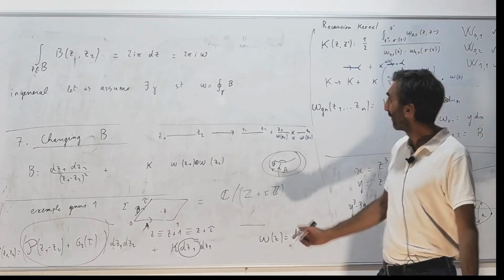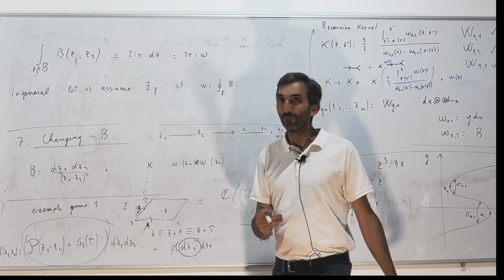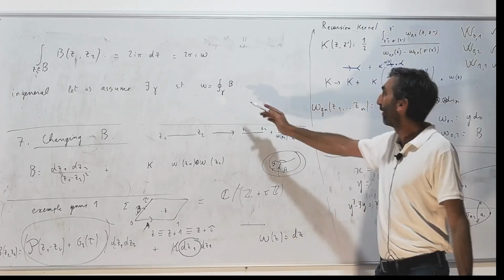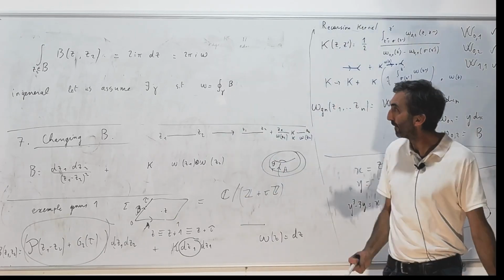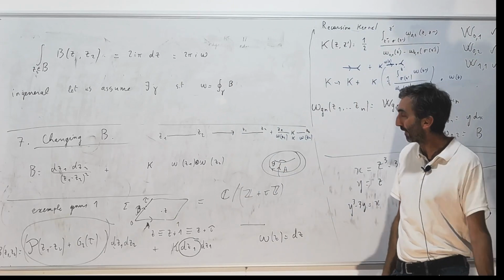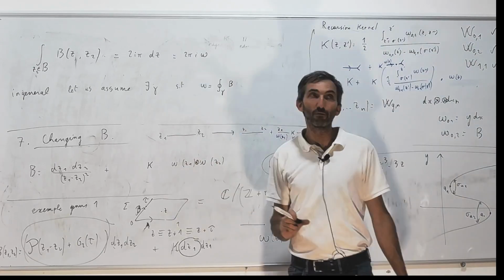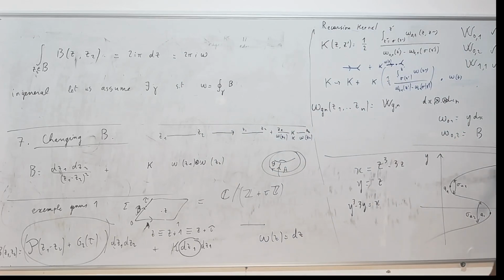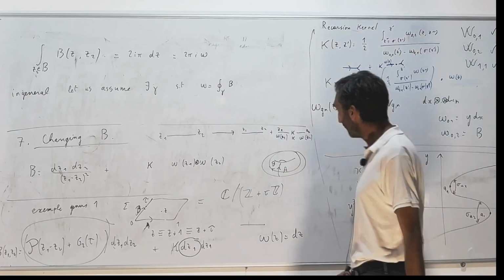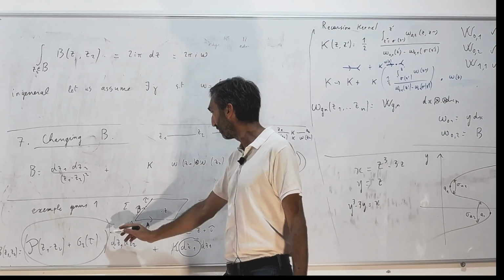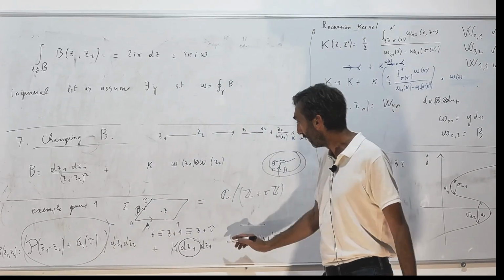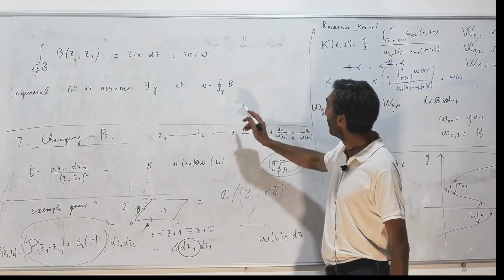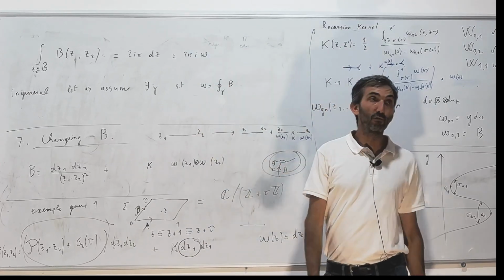And when you apply it on B, you get a one form. So it does not have to be really a true cycle integral. It can be anything. And basically, what I just want to say is that every omega can be represented in this way. It's not a special case. It is the general case. But here, let us take the case that I was discussing, where the omega is an integral of the B on the B cycle.